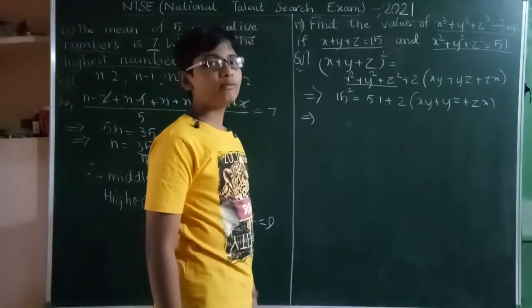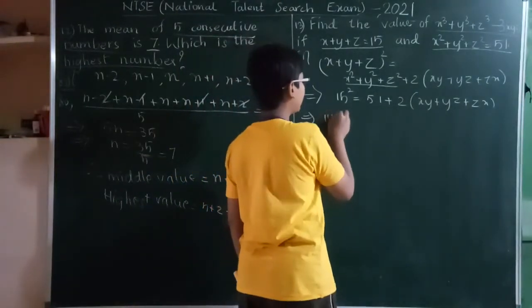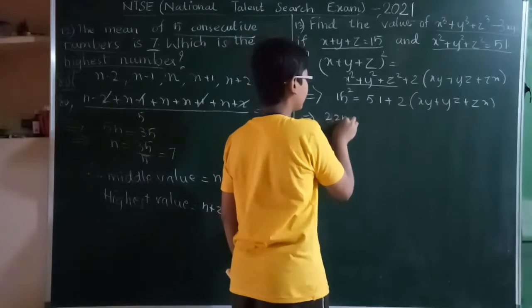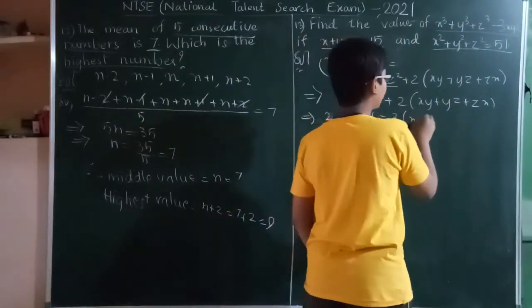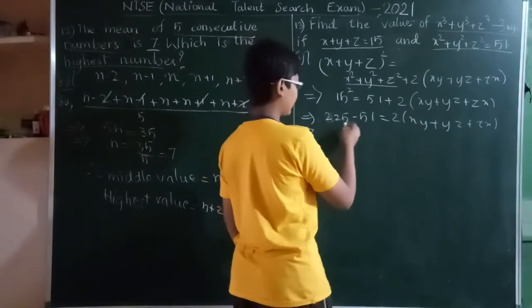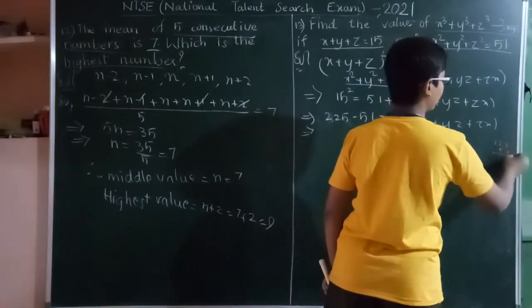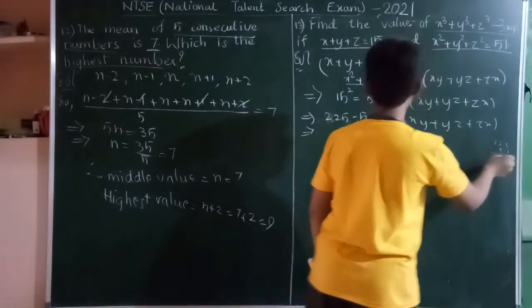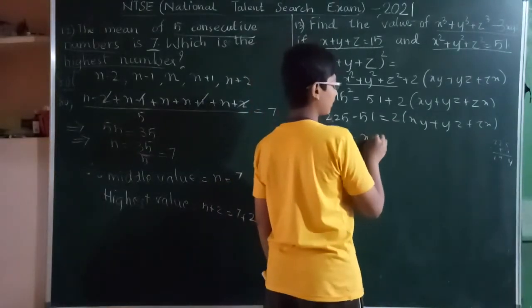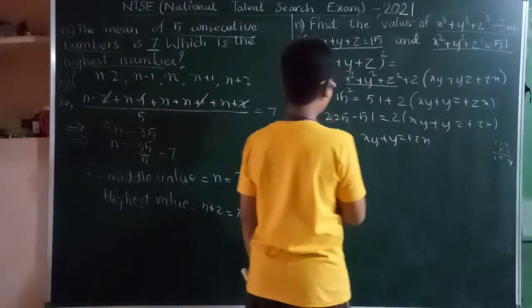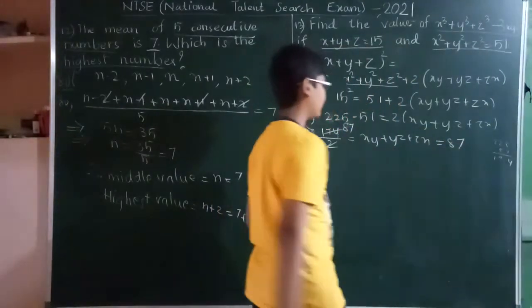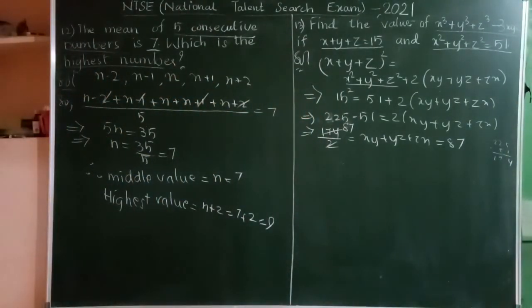So 225 minus 51 is equal to 2 of xy plus yz plus zx. 225 minus 51 is 174. Divide by 2, and we get xy plus yz plus zx, which is equal to 87.